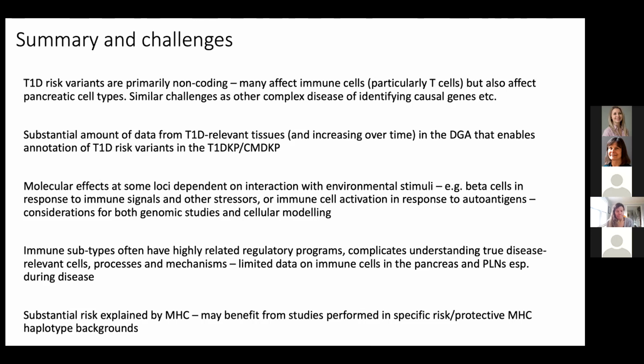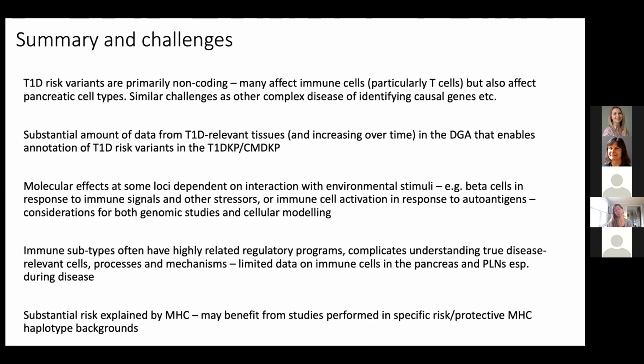Some specifics, which may be a bit different than some other traits, although I think it's probably similar to other traits as well: molecular effects at some loci, particularly in beta cells but probably also immune cells in terms of activation and response to autoantigens, are dependent on their interaction with environmental stimuli.